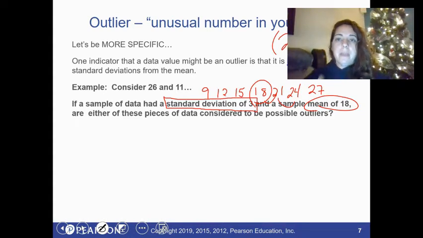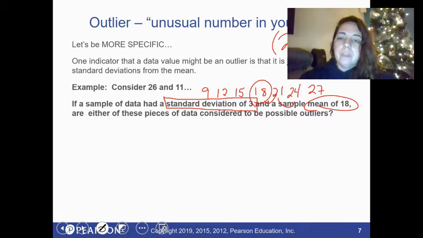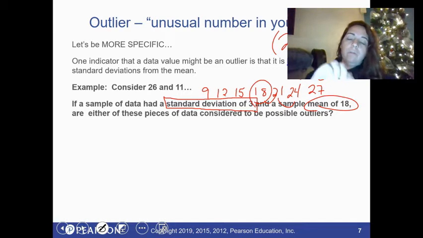And then add it and subtract it from that 18 we're talking about. So 18 plus 7.5 would be what? 25.5. 18 minus 7.5 would be 10.5.